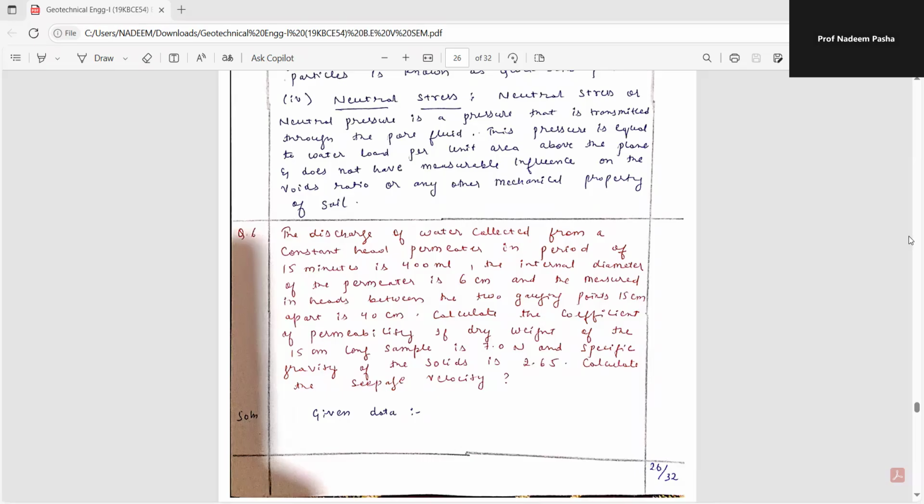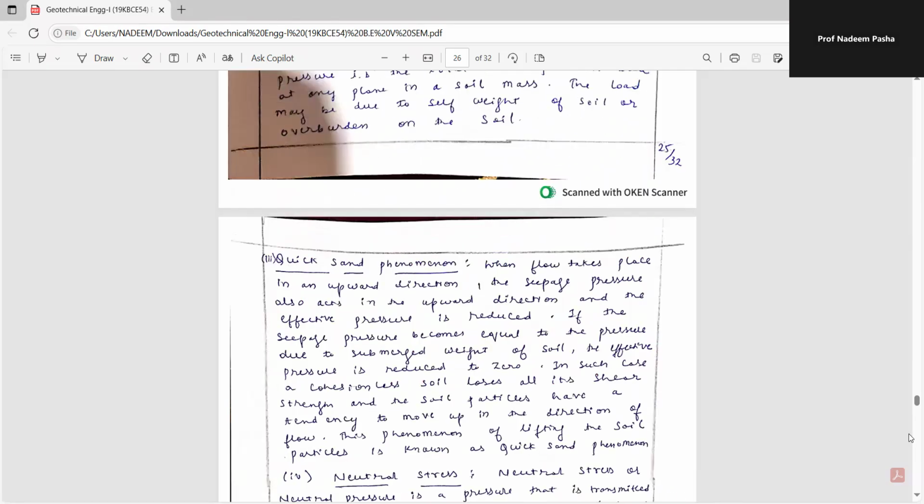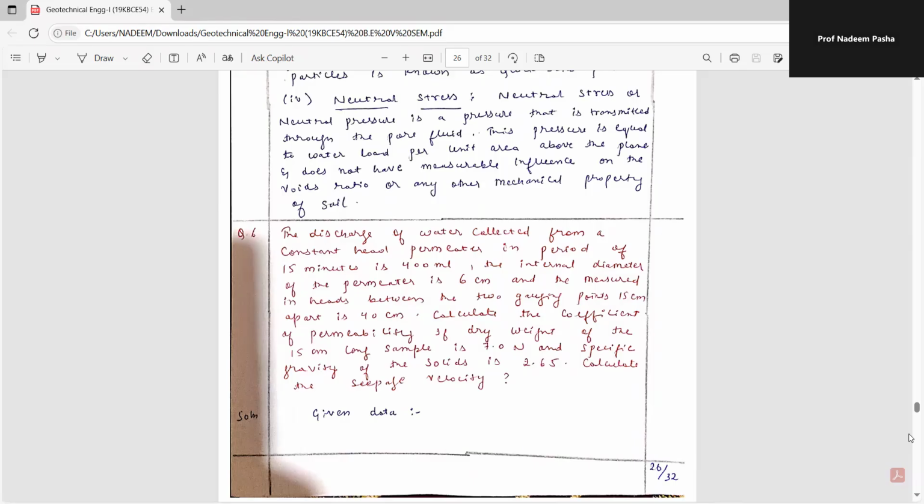The discharge of water collected from a constant head permeameter in a period of 15 minutes is 400 ml.